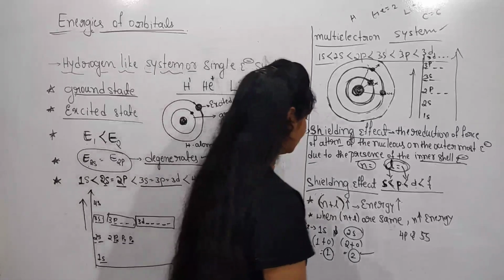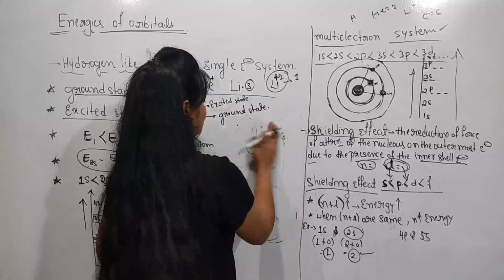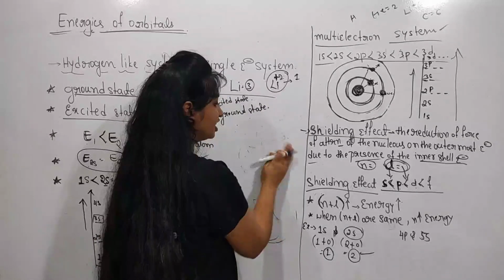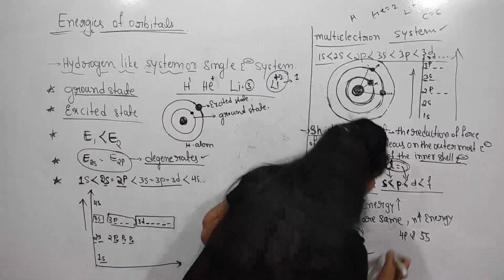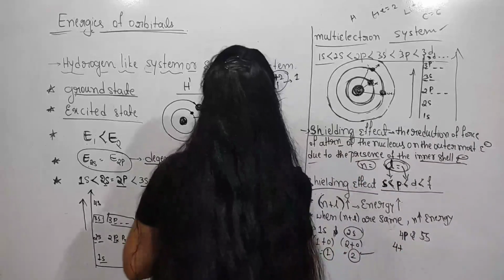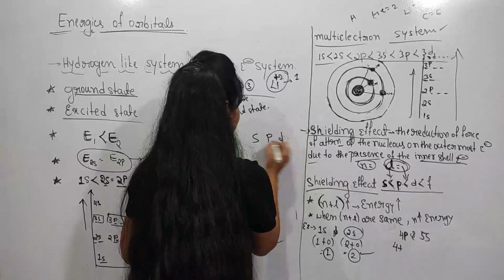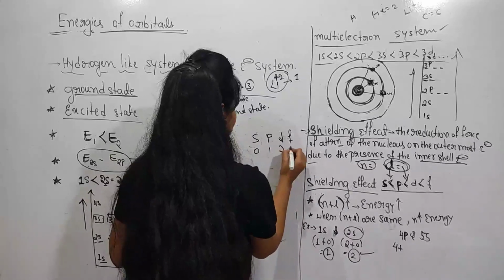And next, see here, if the n plus l value is equal in two orbitals, then what happens? See here, 4p and 5s. I already wrote s, p, d, f as 0, 1, 2, 3.